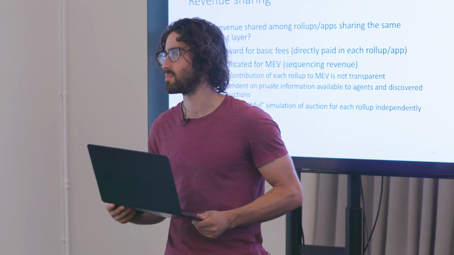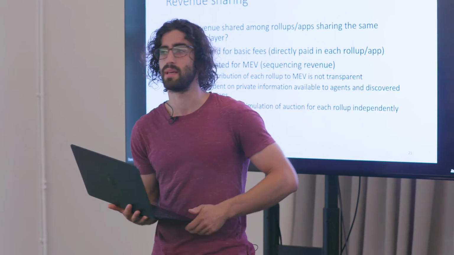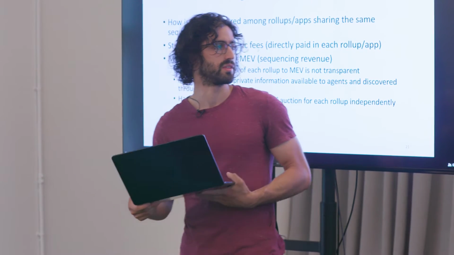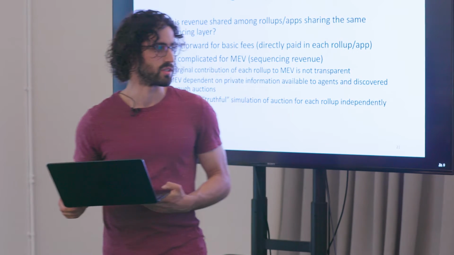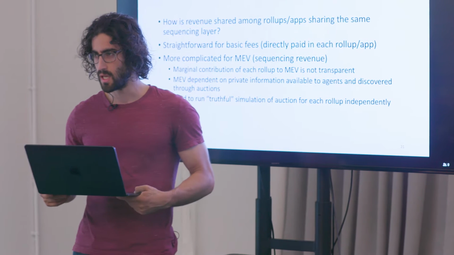Is that discoverable? Is it possible to design? Is it discoverable if you're also going to then give a rebate to each of these applications, rollups, users, based on their marginal contribution? So that was the first question.